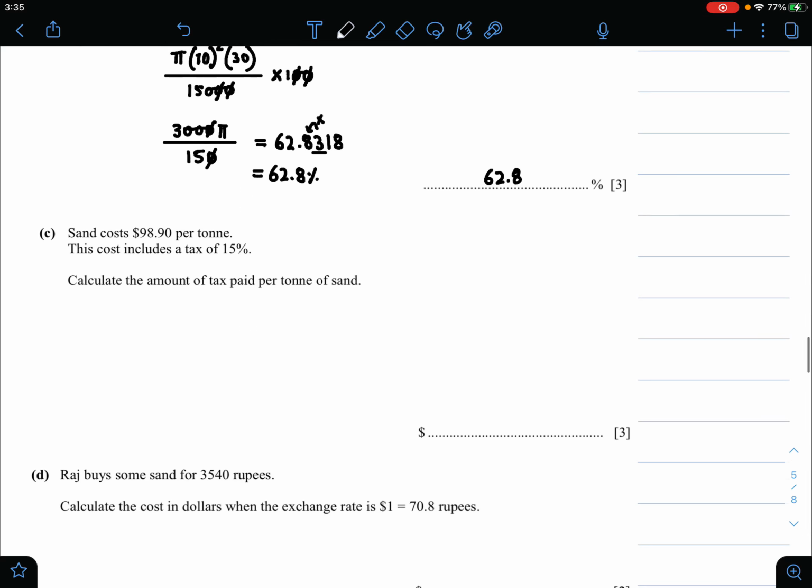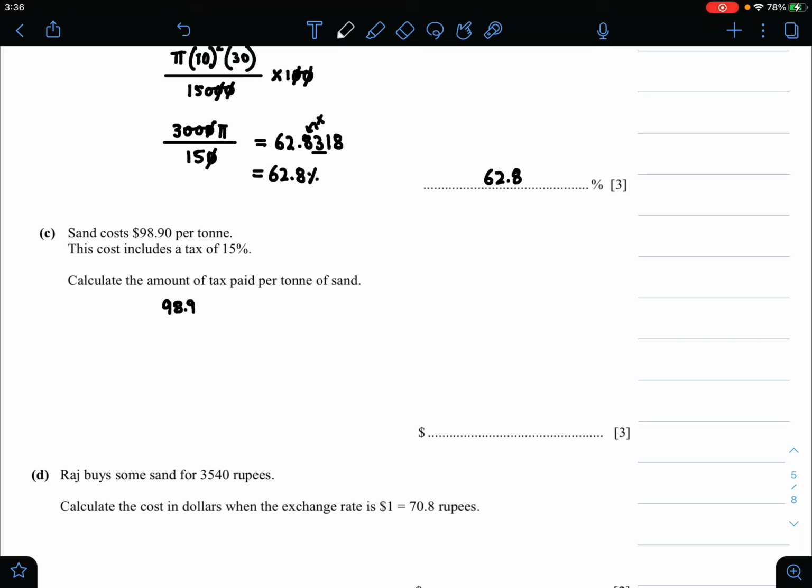So for part C, they are asking us to calculate the amount of tax that was paid per ton of sand. Now they've given us the total cost of the sand per ton, but this cost includes the amount of tax. So what we should do is calculate the original price first, that is without the tax. So $98.9 is the total cost, that is with the tax, and they tell us that the tax is 15%.